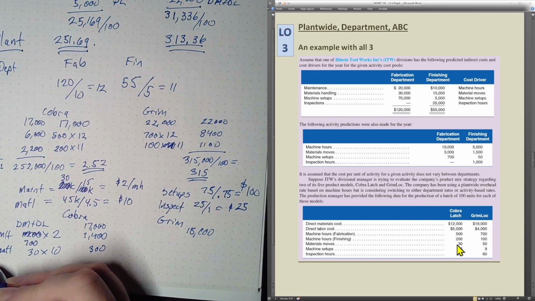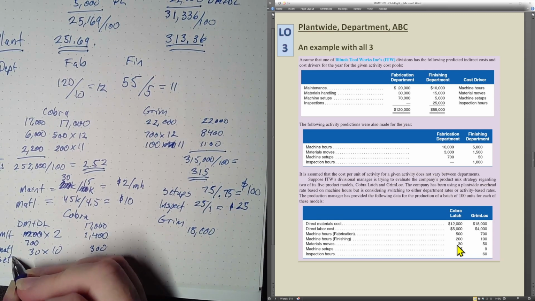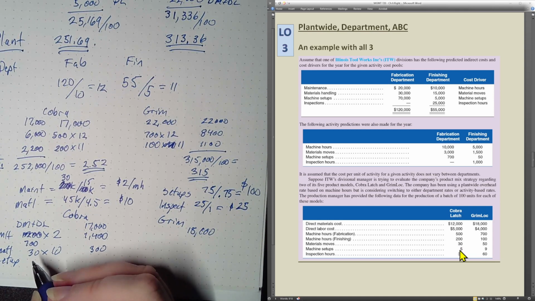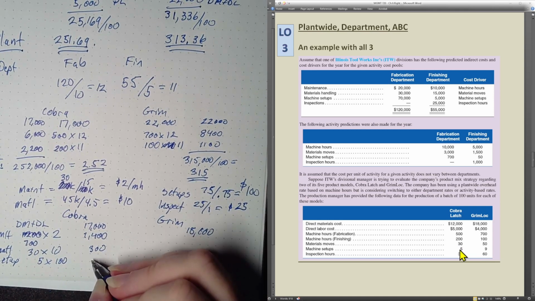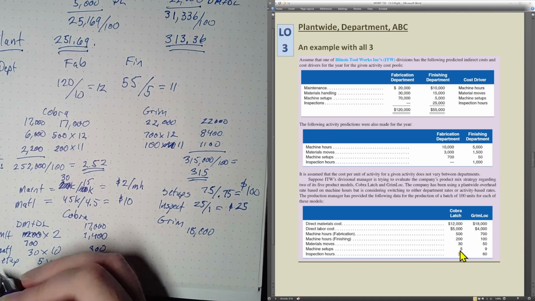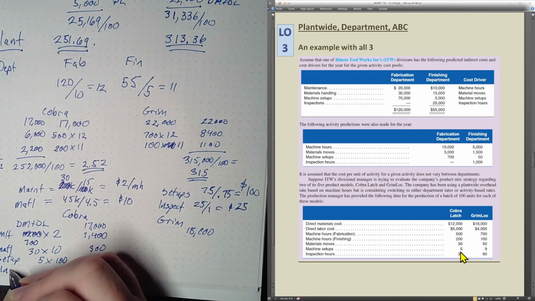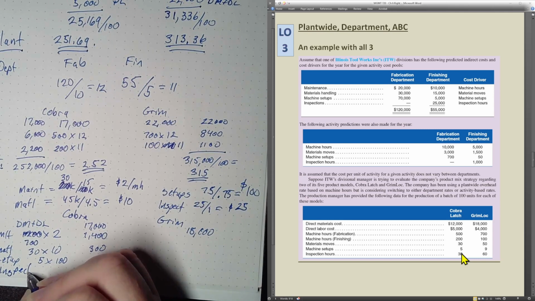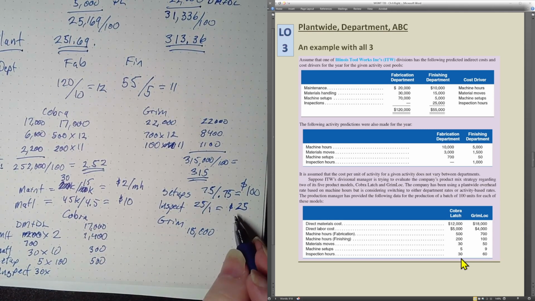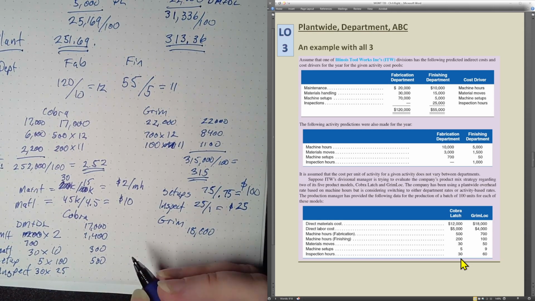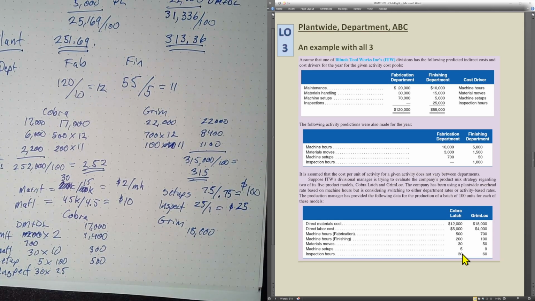And then for setup, and we're kind of running out of paper, it's going to be 5 setups times $100 equals $500. And then for inspections, it's going to be 30 inspections at a rate of $25 apiece. And that is, let me go ahead and add these all together.